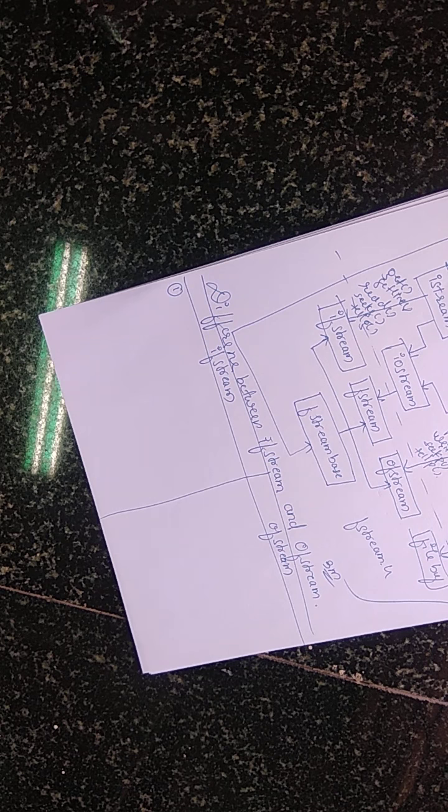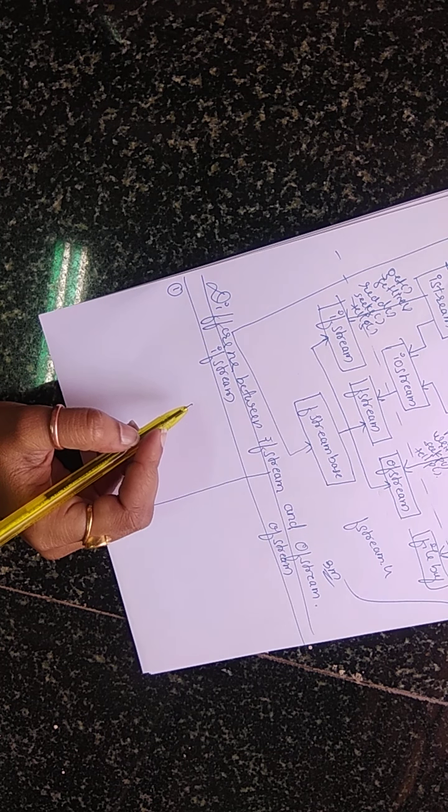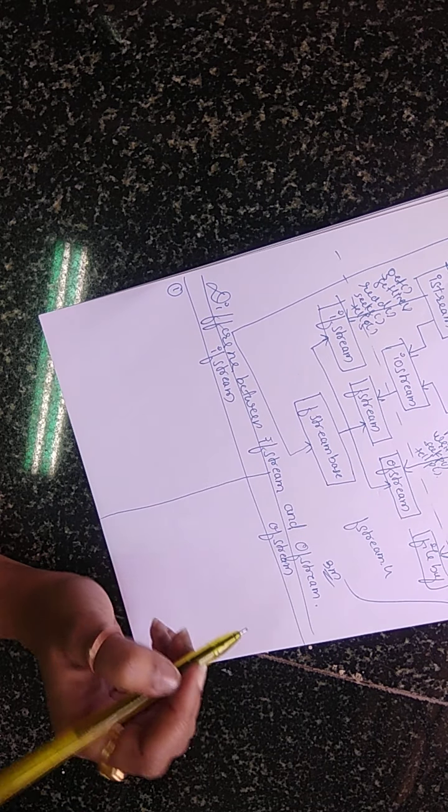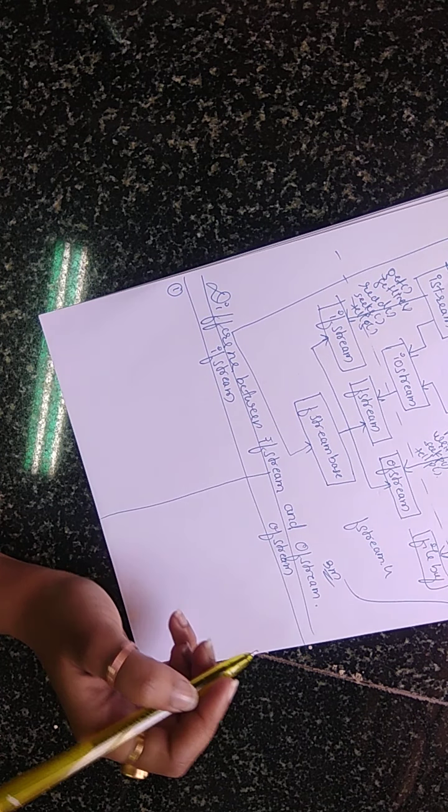Whereas ofstream is a class used to write the data on files. So the first difference between the ifstream class and ofstream class is that the ifstream class is used to read the data from the files, and the ofstream class is used to write the data on files.